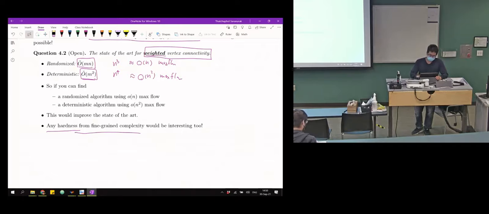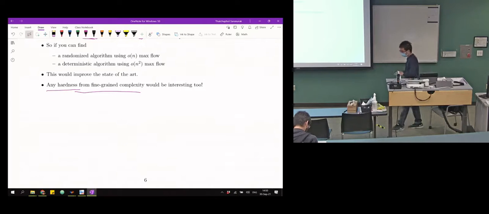So for the next class, it's going to be the last characterization of expanders. We will see a probabilistic view of expanders.